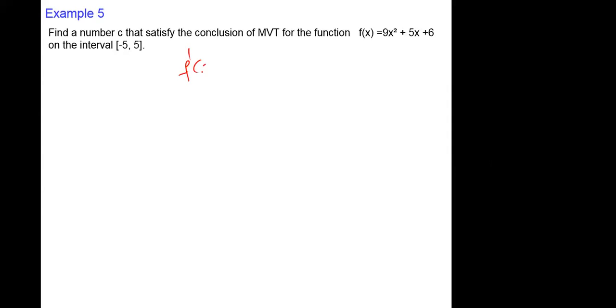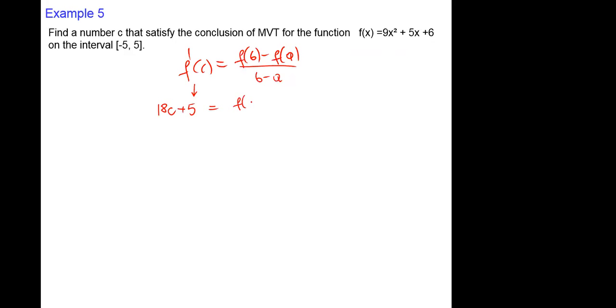That means I can say right away that the derivative is the same as the slope of the secant line. Okay? And the derivative, I can compute the derivative, 18, let's put c, 18c plus 5.